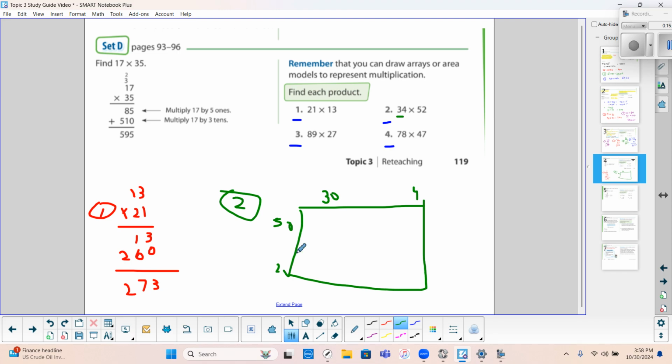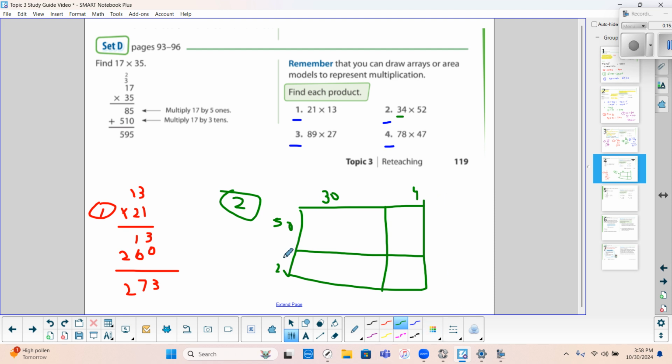It means I have these numbers to multiply. 50 times 3 and 50 times 4, right? So that's the 34 times 50. And then also the 2 at the end, 2 times 30 and 2 times 4. That's where you get the 52 times 34.